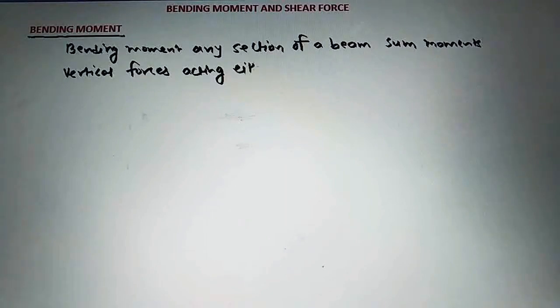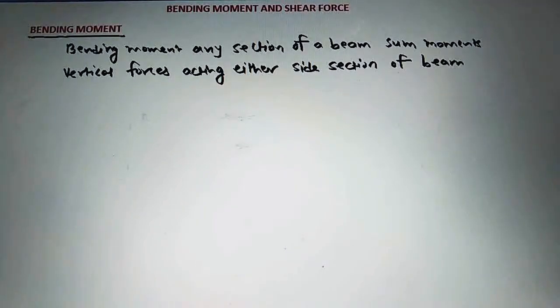The bending moment at any section of a beam is the algebraic sum of moments of all the vertical forces which are acting on either side of a section of beam.